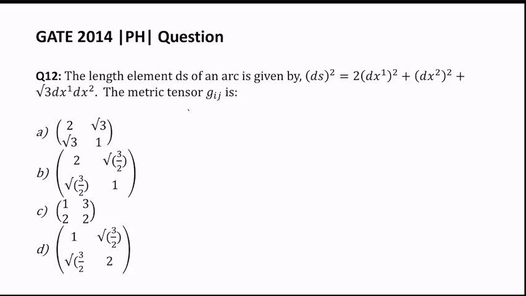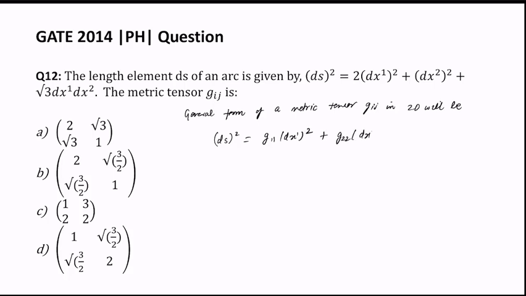So you have to remember that general form of a metric tensor. gij in 2D will be given by this equation with the line element whole square: g11 dx1 whole square plus g22 dx2 whole square plus g12 twice times dx1 dx2.